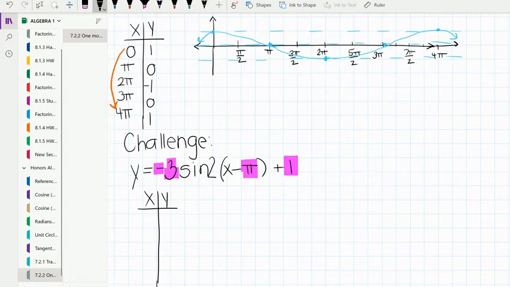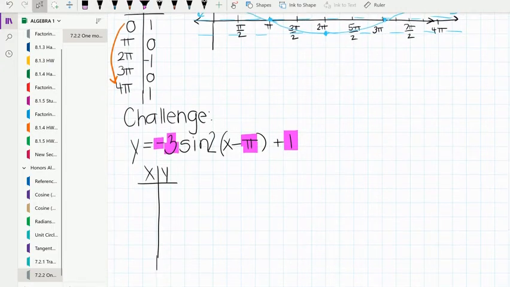So let's go ahead and do the y values first because it's a bit easier. So for the y values, we want to multiply by -3, and then we want to add 1. All right, so for the original y value of 1, we multiply by -3, and we get -3, and then we add 1.